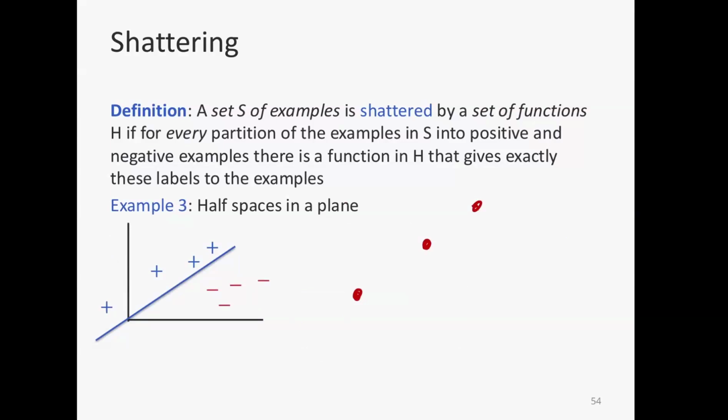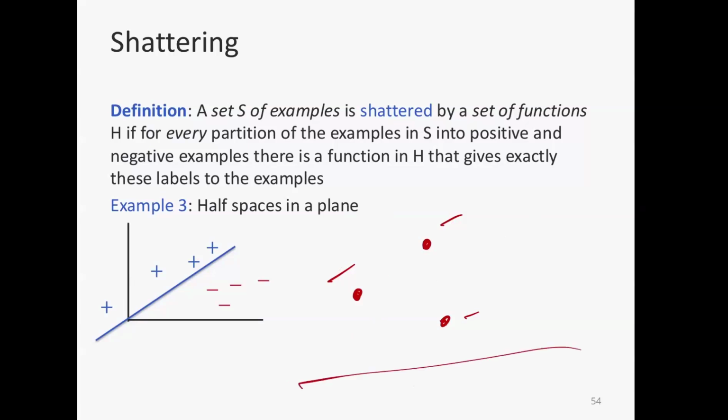What if they're not in a straight line? What if this point is here? If I label all of them as a plus, that's easy. If I label one of them as a minus, I can draw the line in between. If I label 2 of them as a minus, I can still do that. And if I label all 3 of them as a minus, then I draw the line outside.